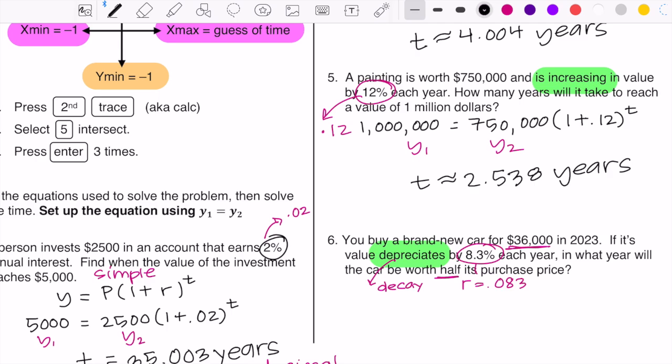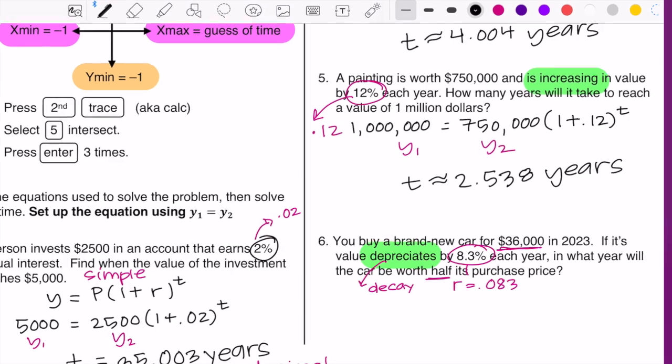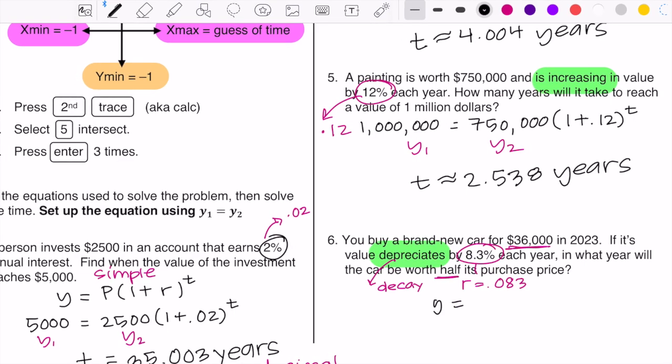So this is a decay model. So A equals, or sorry, I was using A. You could use the A, it's fine. But this is going to be y equals A times 1 minus r to the t. So that's going to be, the half of that is 18,000.